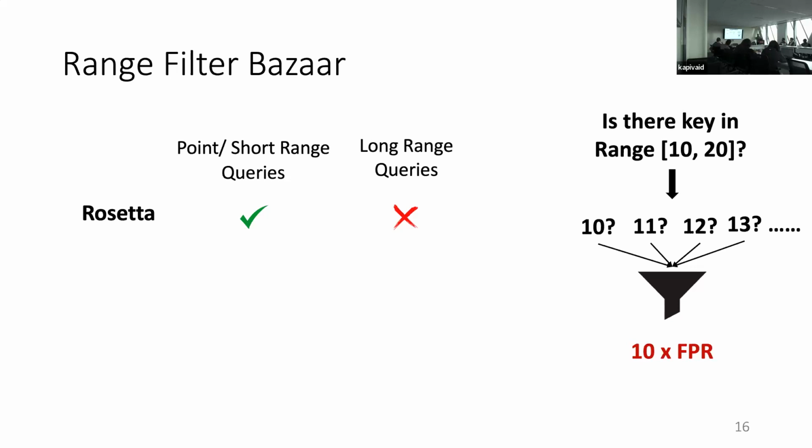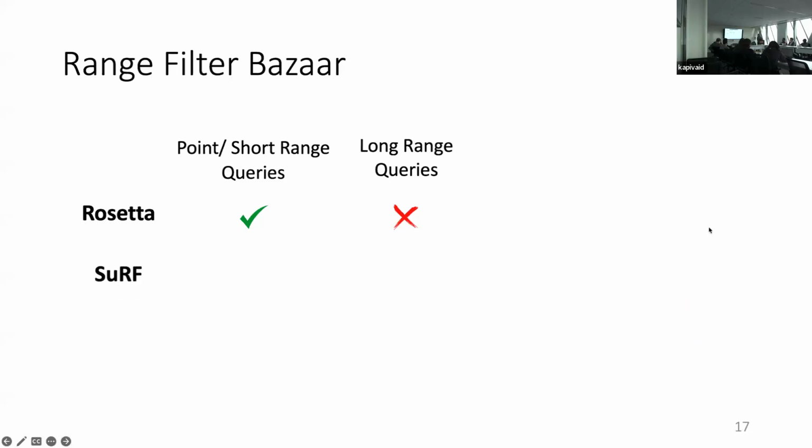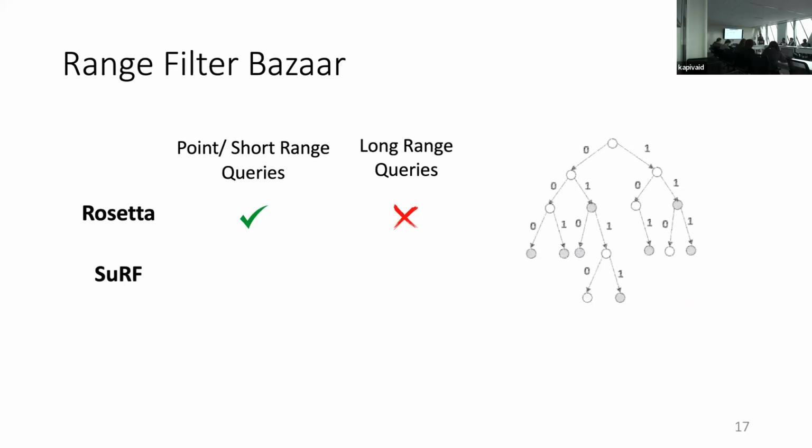So since Rosetta is not the perfect solution, you keep on shopping and look for some other range filter. The next filter that you'll find is CERT. And since you were burned by your past experience, this time you look into what the filter actually does. What CERT does is it looks at the binary encoding of the keys and essentially stores them in a trie format. Now this trie format essentially can support range queries.